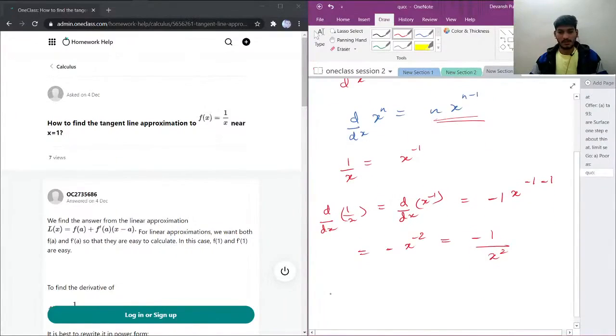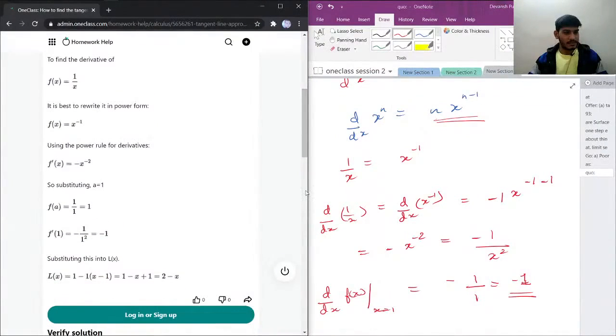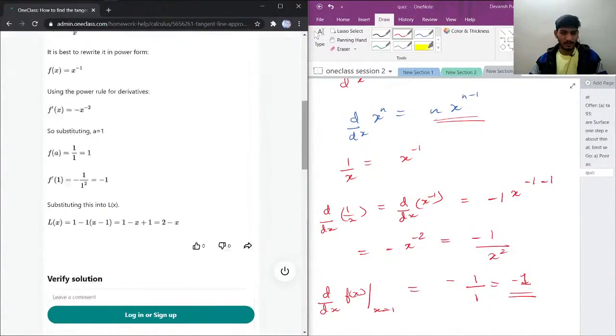Now we need to find the tangent at x equal to 1. So we'll just substitute the value of x as 1 and it is negative of 1. Using the power rule for derivatives, we have f prime of 1 equal to negative 1.